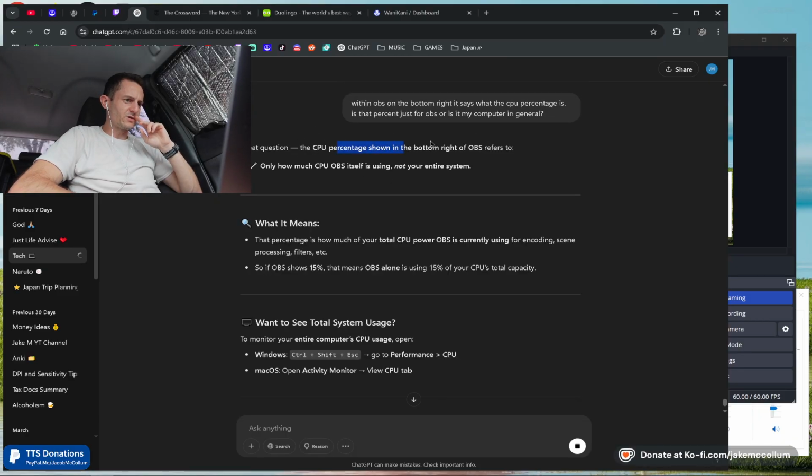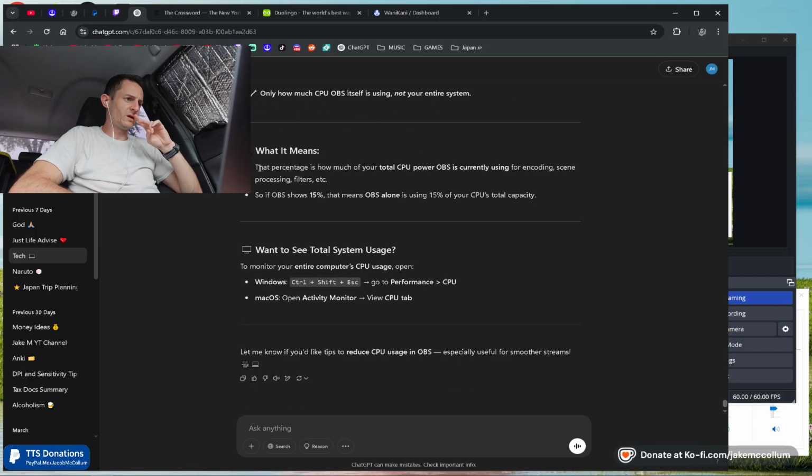CPU percentage shown in the bottom right of OBS refers to only how much CPU OBS itself is using, not your entire system. What it means, that percentage is how much of your total CPU power OBS is currently using for encoding, scene processing, filters, etc. So if OBS shows 15%, that means OBS alone is using 15% of your CPU's total capacity.